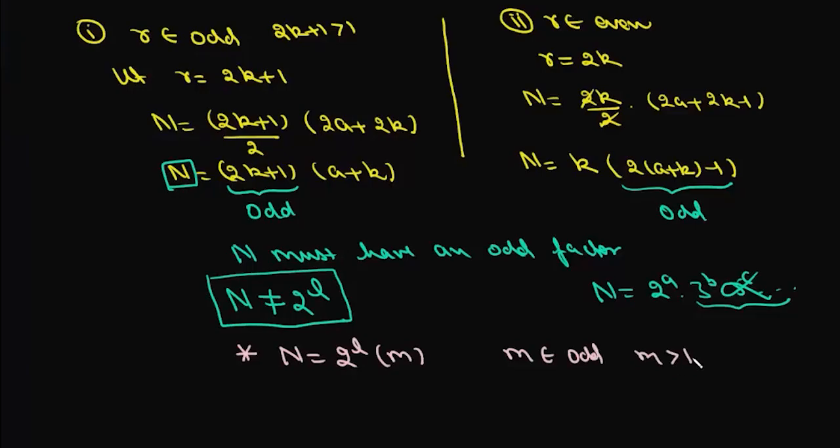So we have proved that any number which is of the form 2 to the power l cannot be expressed as sum of r consecutive integers. Now we need to prove that for all other integers, that is all integers of the form 2 to the power l into m, where m is an odd number greater than 1, they can be expressed as sum of r consecutive integers, and that is the second part of the question.